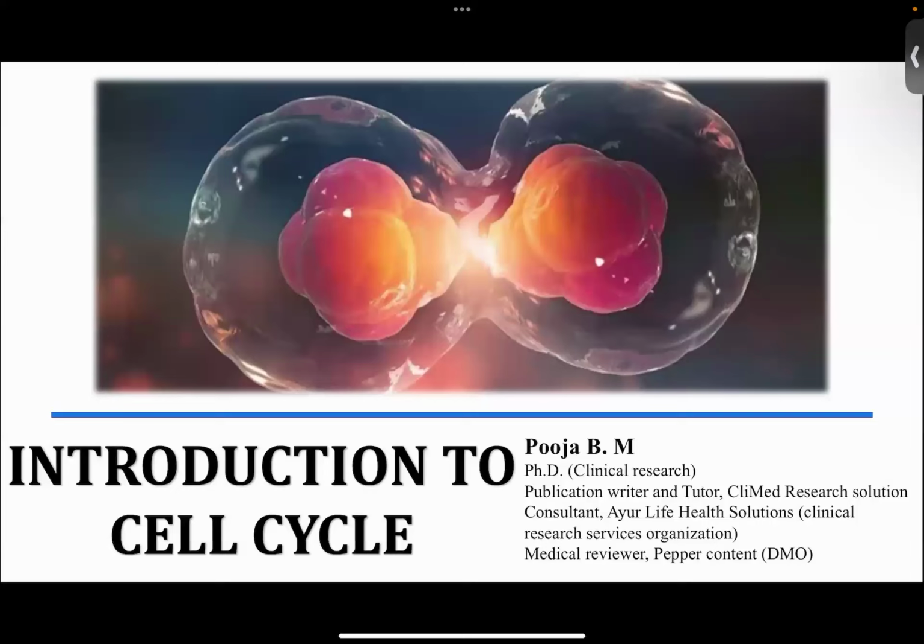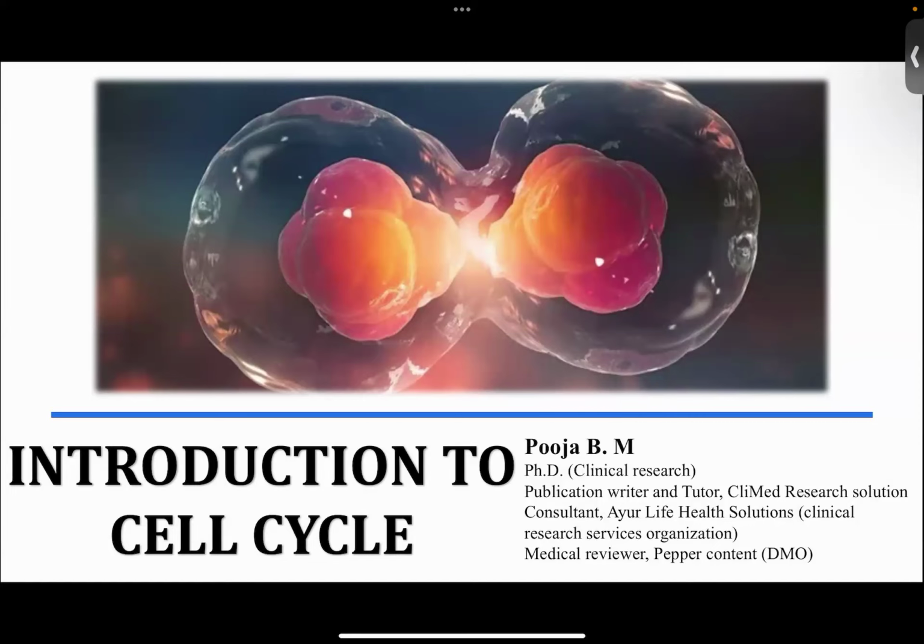I hope you all know this very clearly, since the majority of you are coming from a healthcare background. This is what we study since plus two: the cell cycle, cell division. But let us just brush up on this topic, so it makes it easier when we go deeper into learning oncology, cancer biology, the molecular basis of cancer, and the various types of cancer.